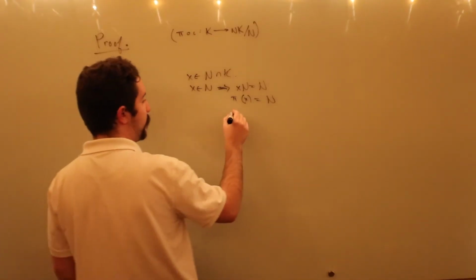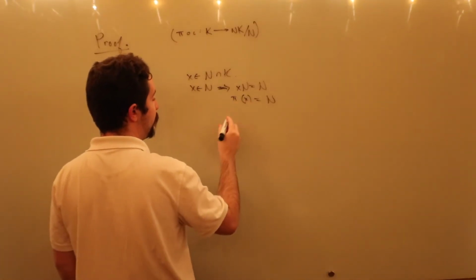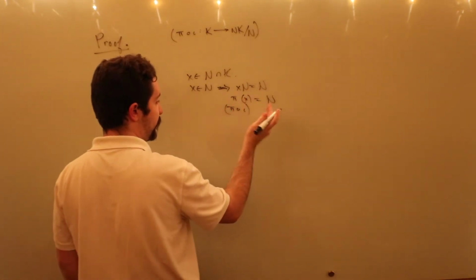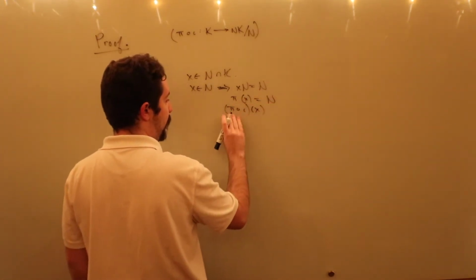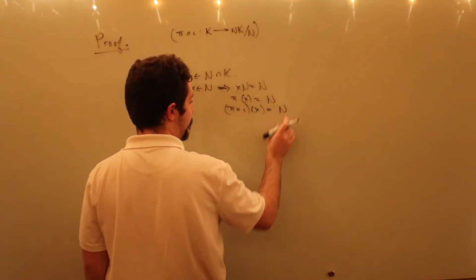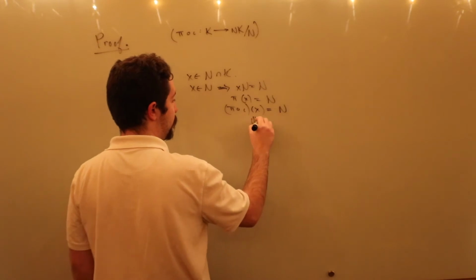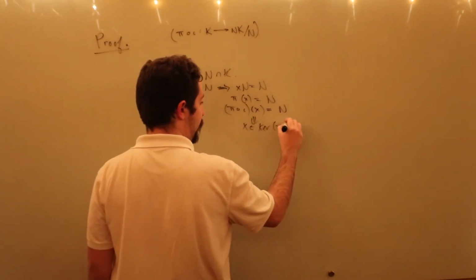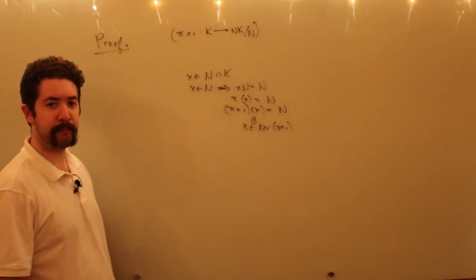Now, since iota just maps things to themselves, pi composed with iota of x is equal to N, or the identity coset. In other words, x is therefore in the kernel of pi composed with the inclusion map.